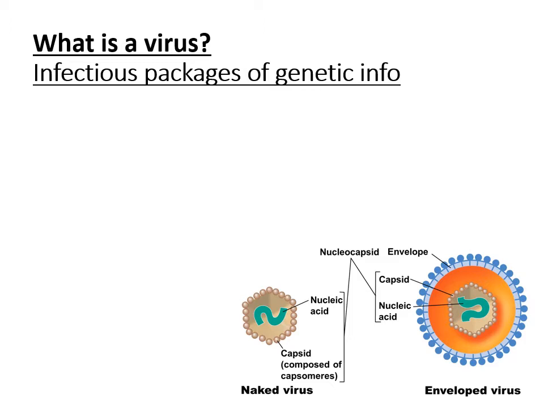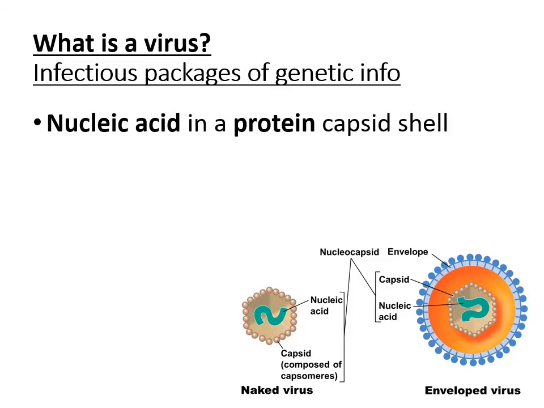And I'm going to keep emphasizing throughout this lecture, whenever you hear virus, I want you to remember that a virus is mainly two parts put together, okay? The two parts that will be put together is a nucleic acid, which can either be RNA or DNA, within a protein capsid shell, okay?